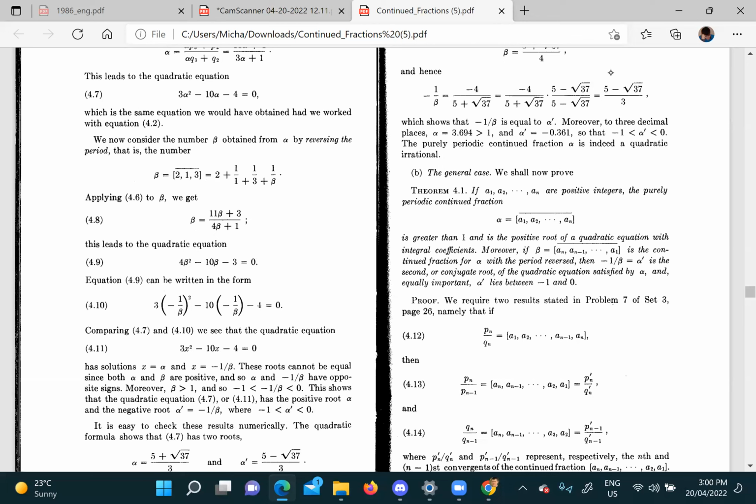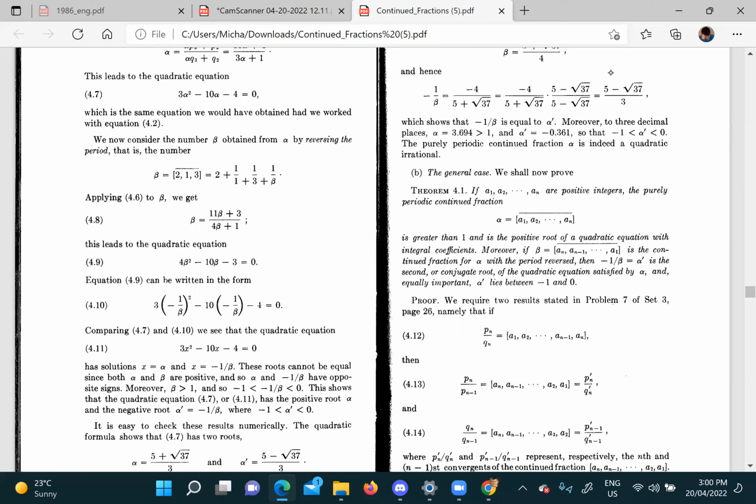The purely periodic sections is greater than 1. Yeah, they're saying it is greater than 1, right? Oh, but it's saying positive integers. But in the theorem, it assumes it's greater than 1. Whatever.